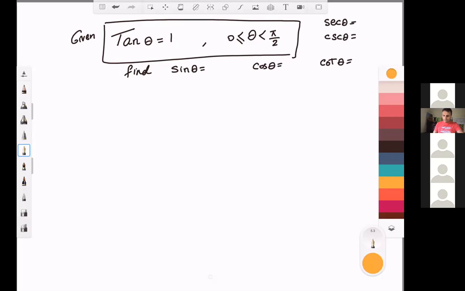So the idea is, before you just look at what sine of theta is, we need to decide which quadrant this theta is in. Because there are multiple answers for tangent of theta is 1. For all of them, there are multiple answers. And we should pick only one of them that holds this condition.